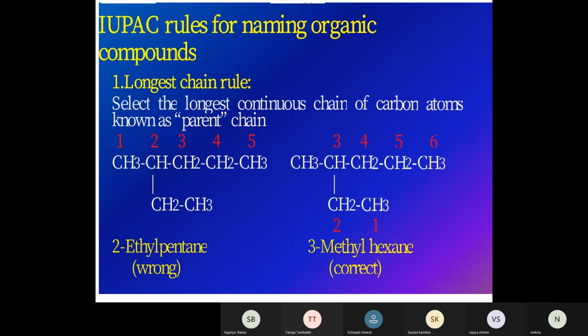In the first example, they have numbered the carbons 1, 2, 3, 4, 5. And in the second, they have numbered 1, 2, 3, 4, 5, and 6. See the difference in the numbering. In the first, they have selected a chain which contains only 5 carbon atoms.